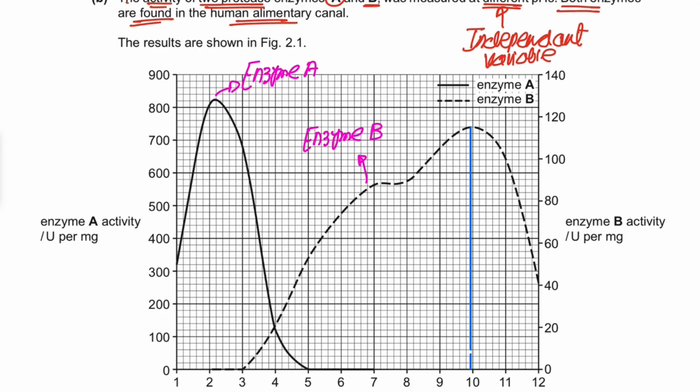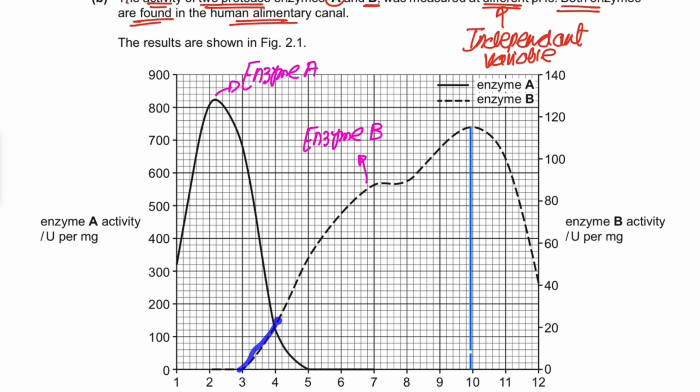Now if you were to recall your human alimentary canal, what we know from there is that the enzyme that works in the acidic pH is actually enzyme A, which they have given in the key. So this is the pepsin enzyme that works in acidic conditions and is provided in the stomach.